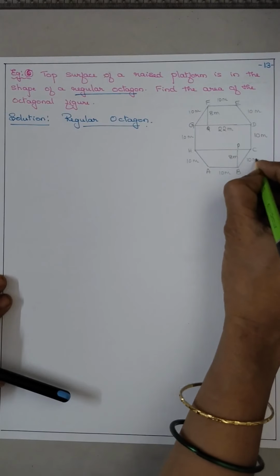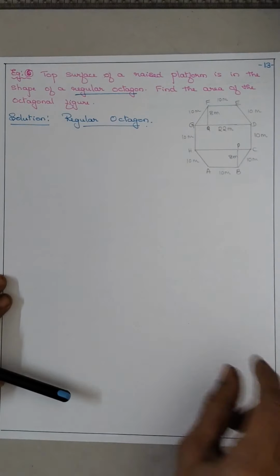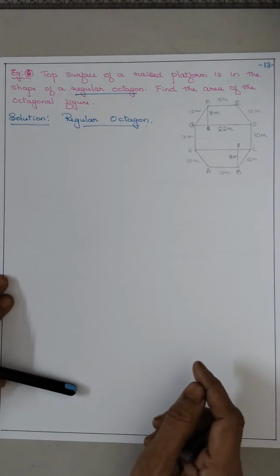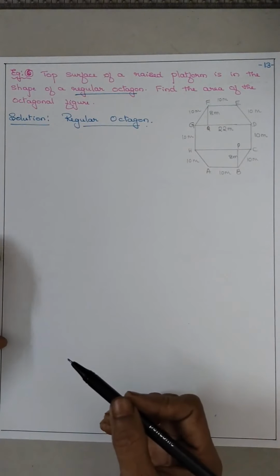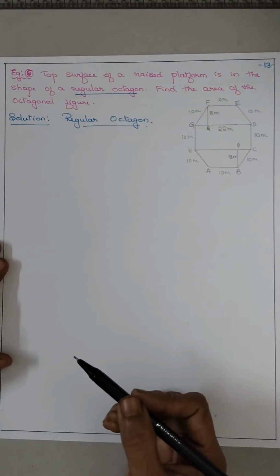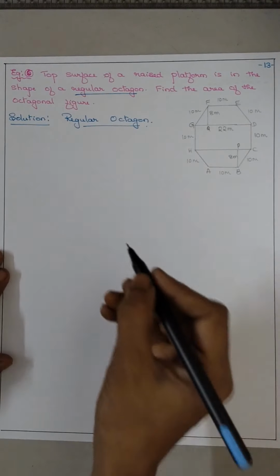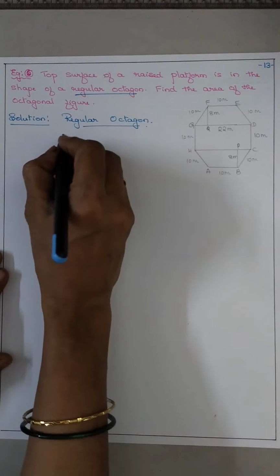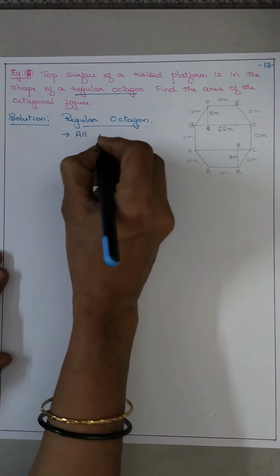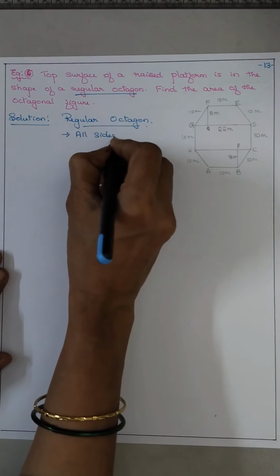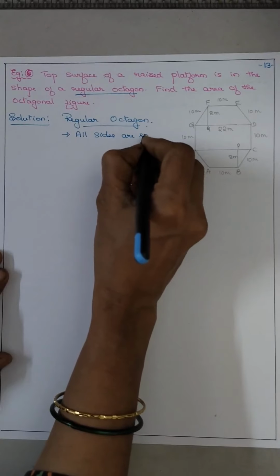So you have to remember, regular means all the sides are equal. So first we write regular octagon, that means all sides are equal.